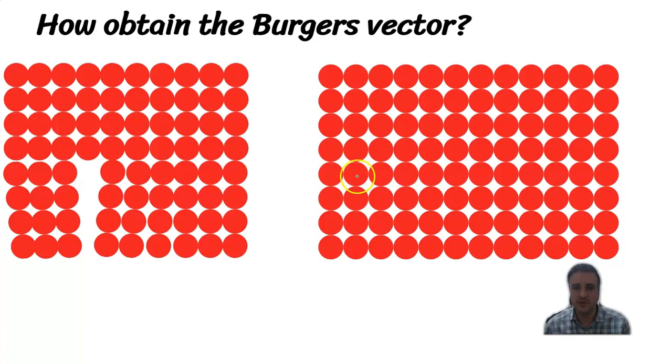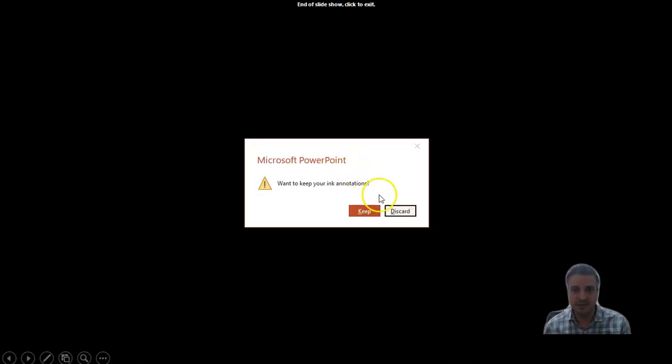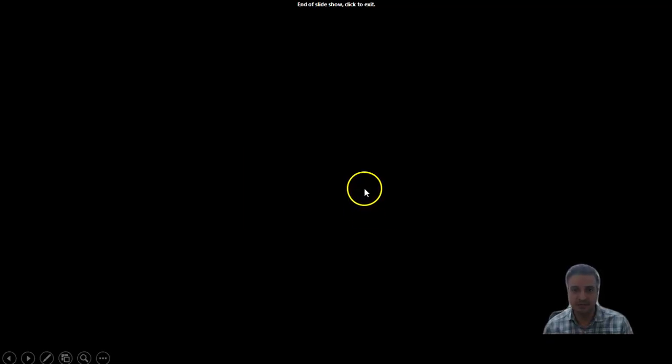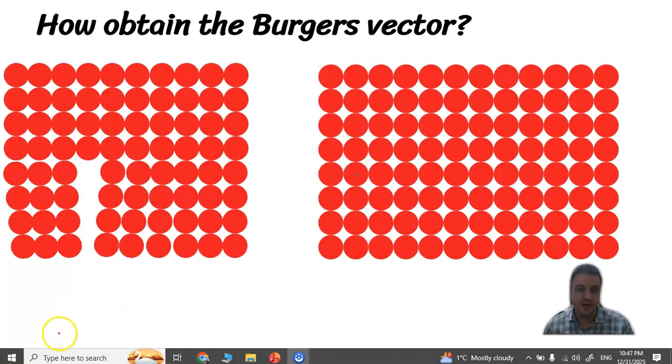For obtaining the Burger's vector, first we select an atom, for example this atom here, and we make a closed loop by beginning from this point. Let me show you.